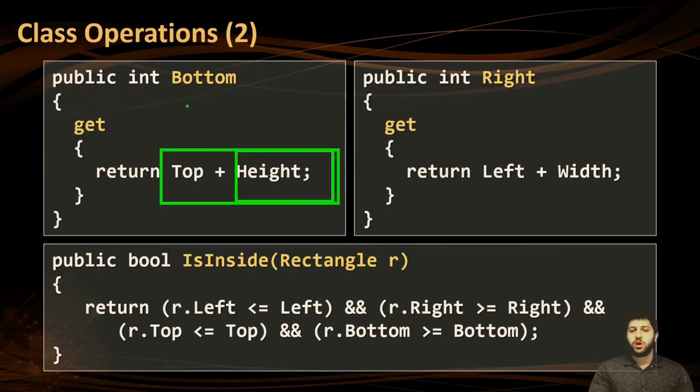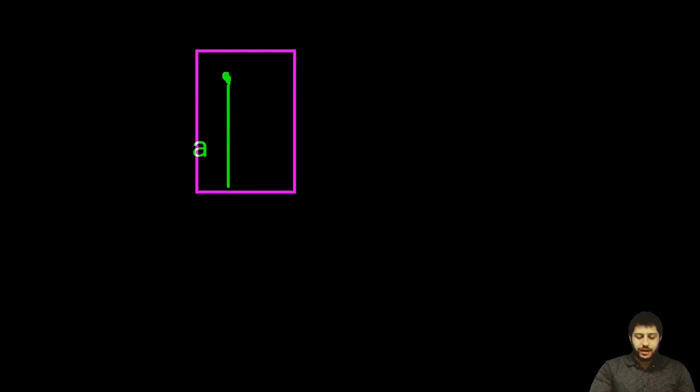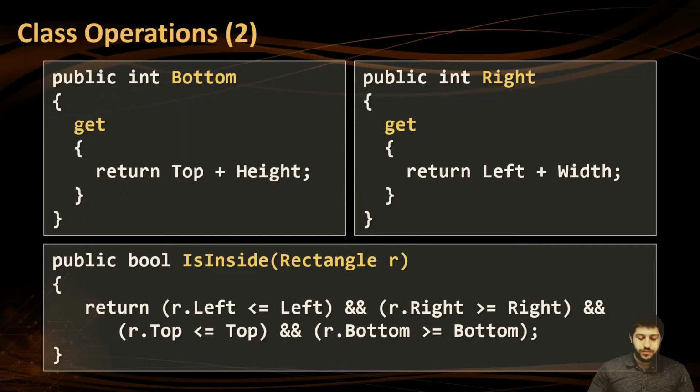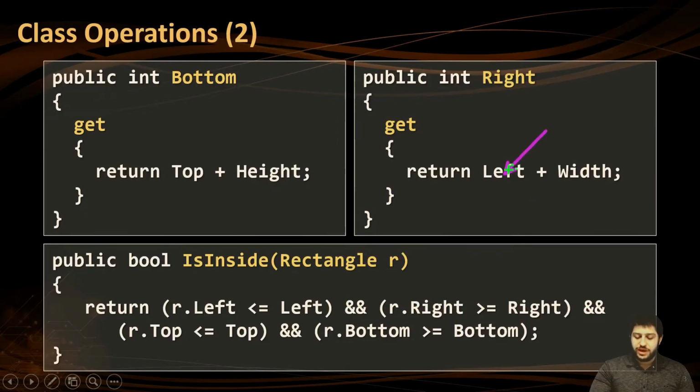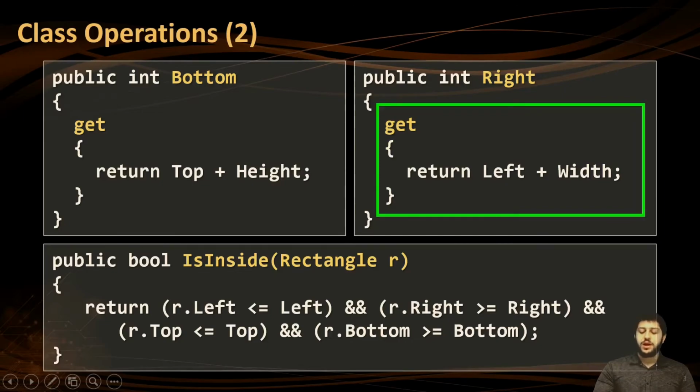Or in other words, if we have the top left corner, it will simply give us the side of the rectangle. And the right property is calculated on the fly. So as you can see, these properties are not set by anyone. They're just calculated on the fly.